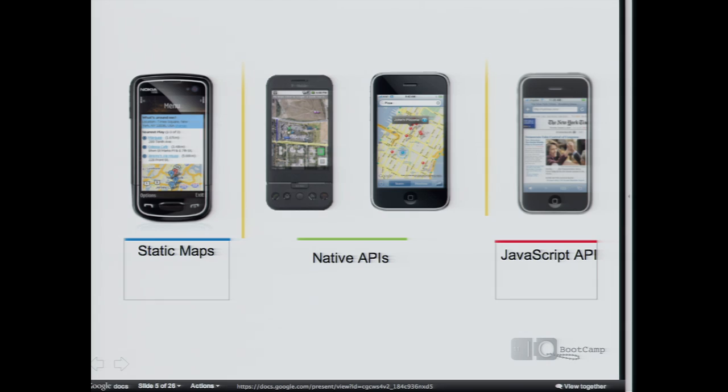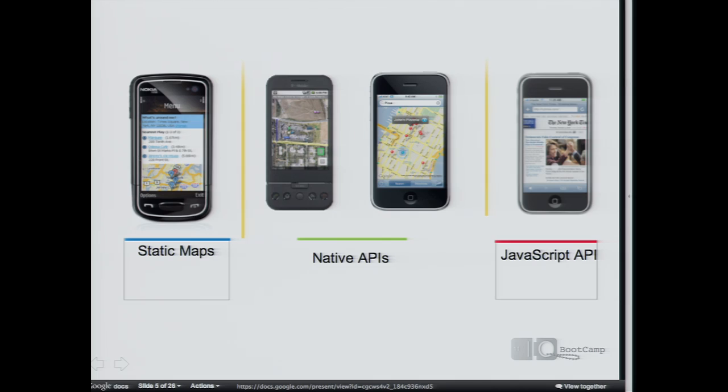On the far left there, I just put up a Nokia phone. It's like a feature phone that's got a basic browser in it. But you don't have access to Google Maps through any sort of other programming interface. So using the basic browser with no JavaScript, you need to do something like the Static Maps API.